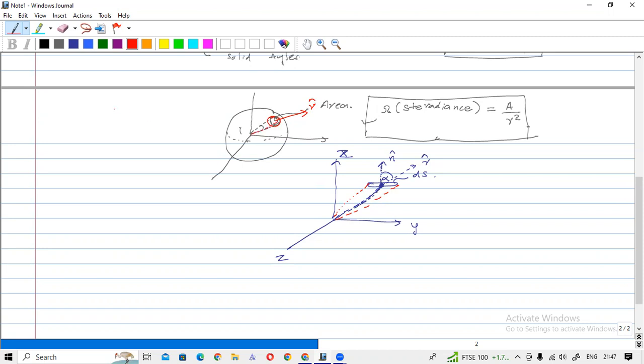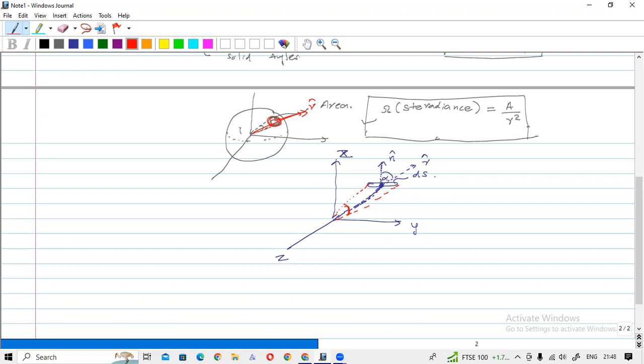If you consider a very small portion on the sphere that is perpendicular to r hat, it should be divided by r square. Now to find the steradians of this angle, this surface should be perpendicular to r hat. That is the definition.